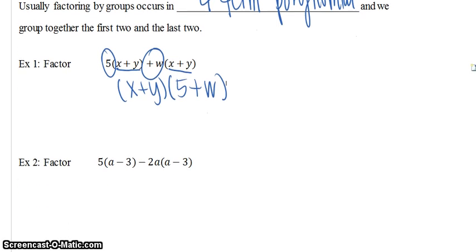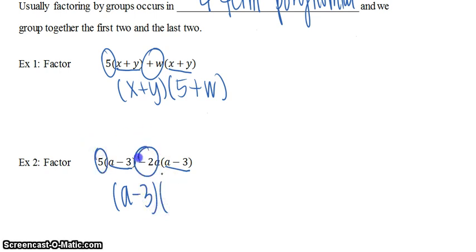Now, look, we have another one very similar to number 1. We have a minus 3 and a minus 3. They're in the parentheses, they're the same, so we can use a minus 3 as our first factor. Our second factor is going to be 5 minus 2a, because that's what's left over. Be careful with the sign. And then those are our 2 factors.